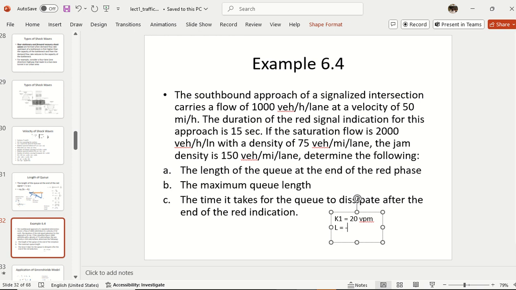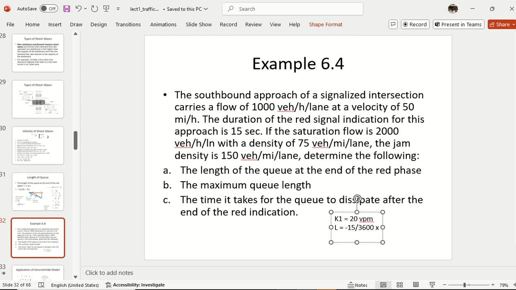After multiplying with the time, there is one more thing, which is the conversion. The red is in seconds, and your flow will be in per hour. So there is a conversion required as well. So 15 multiplied by 3600.